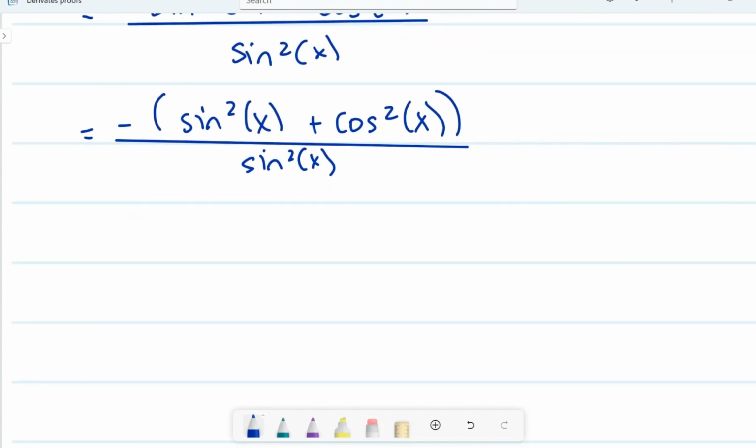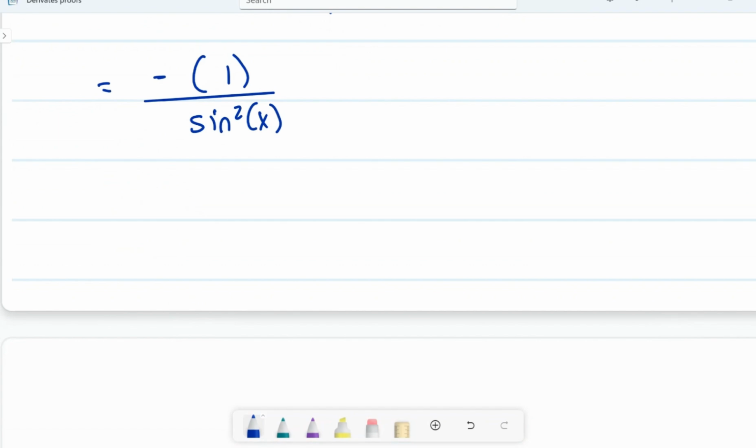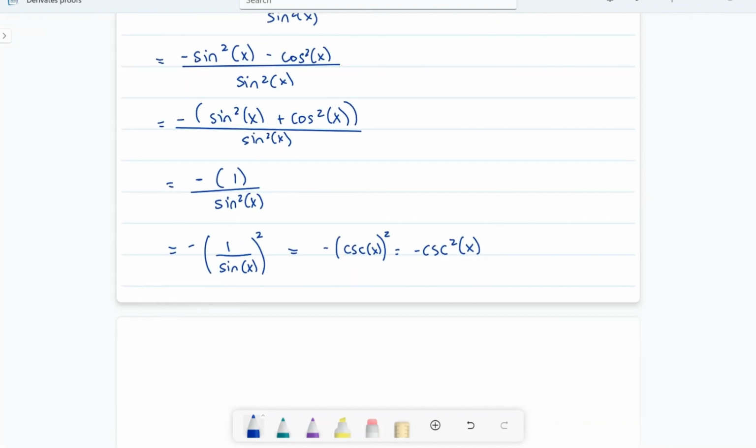And again, you might have noticed that this in the numerator is a trigonometric identity, which gives 1 divided by sine squared of x. And I can rewrite this. I can take the squared outside, so negative 1 divided by sine of x all squared, and 1 divided by sine of x I can rewrite as cosecant of x, all squared, which I can finally rewrite as negative cosecant squared of x.